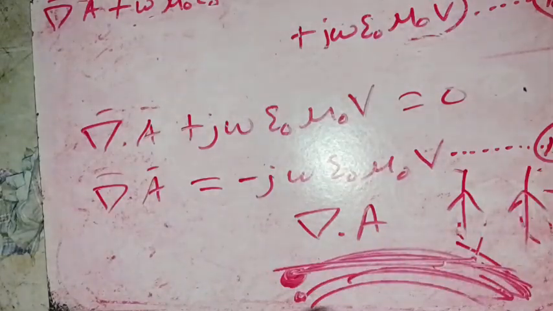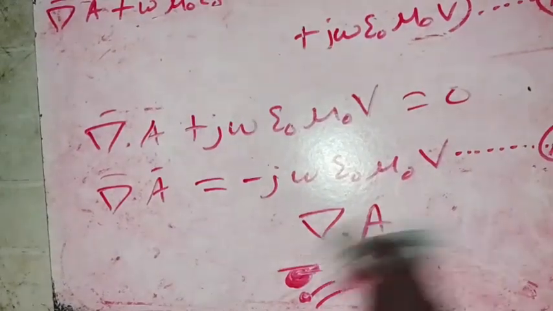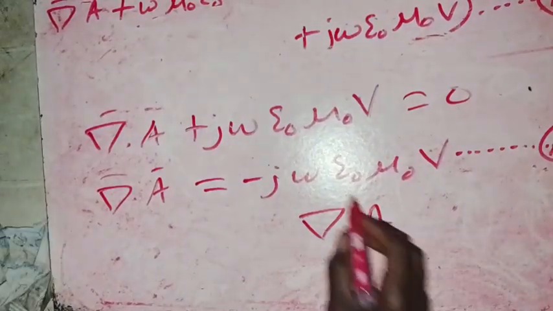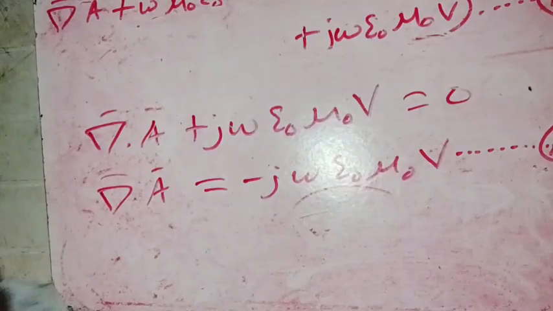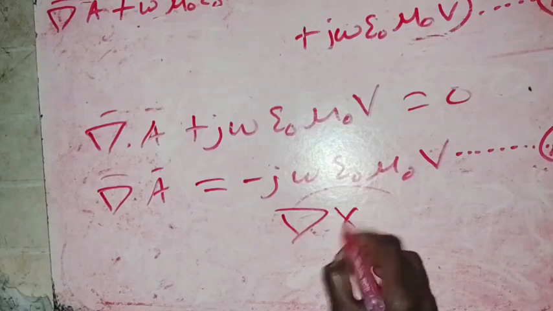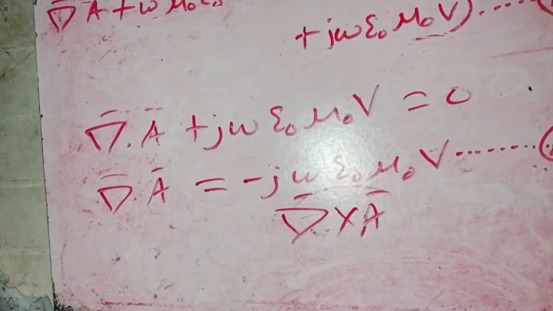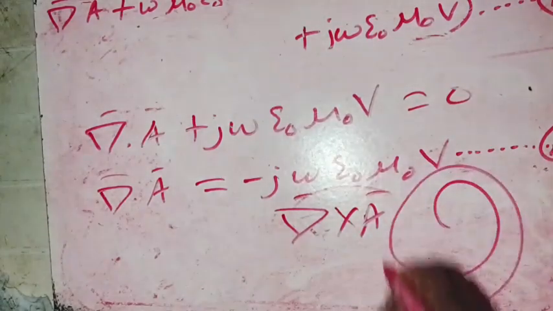So this one will now tell you something about the field. Then for the curl, the curl is the rotation of the field.